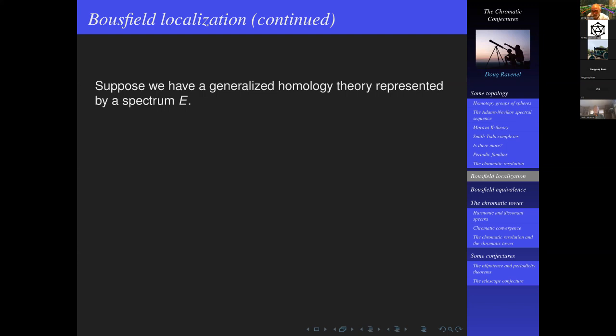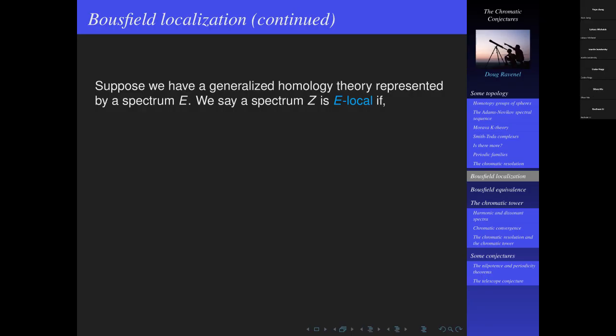So I'm going to tell you a little bit about what he did in this paper. Let's say we have a generalized homology theory represented by a spectrum E. So E could be Morava K theory, it could be complex cobordism, it could be this, it could be that.